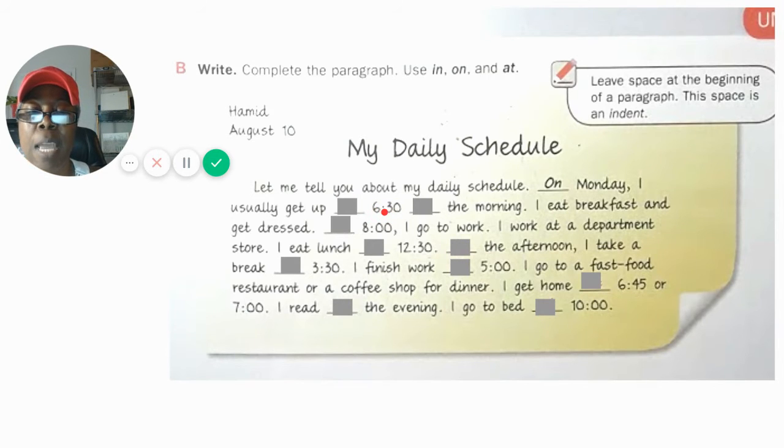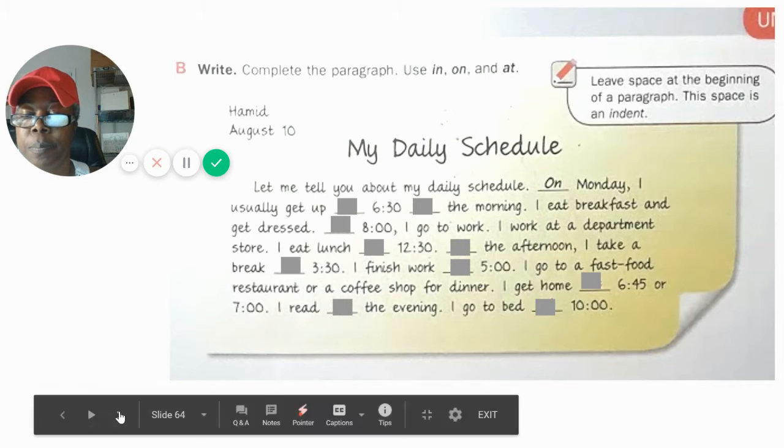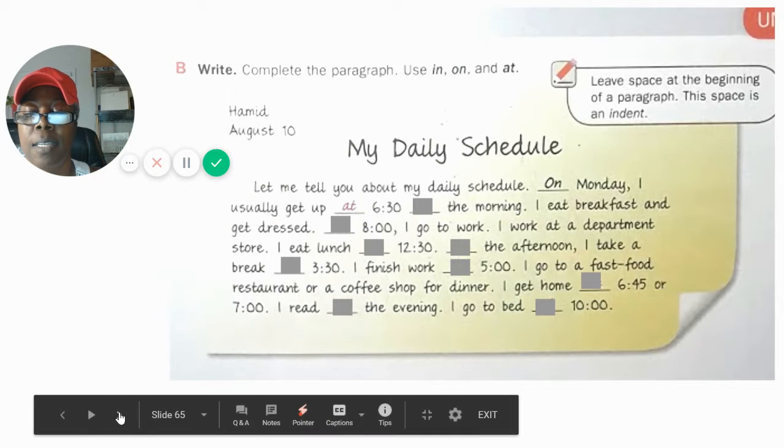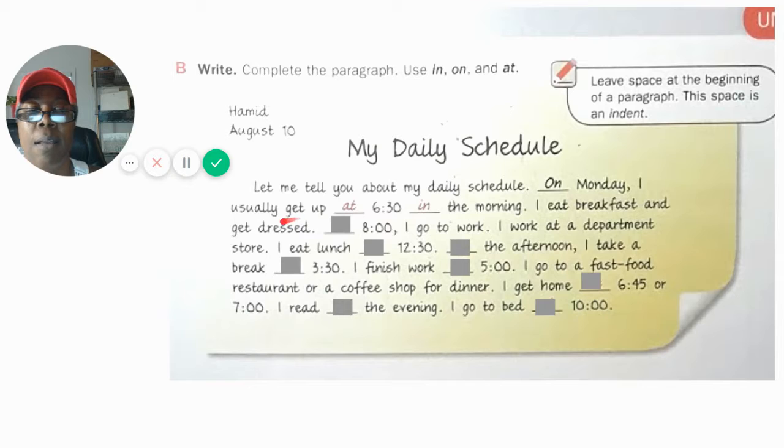With a specific time, we use at. What do we use for parts of the day? In the morning. On Monday, I usually get up at 6:30 in the morning.